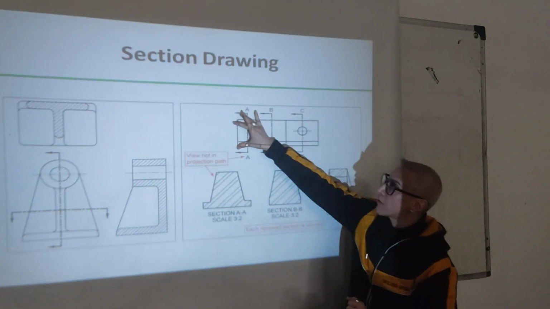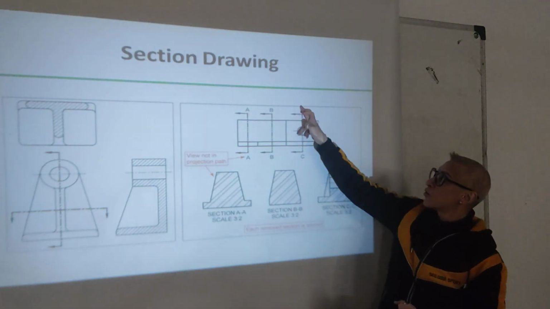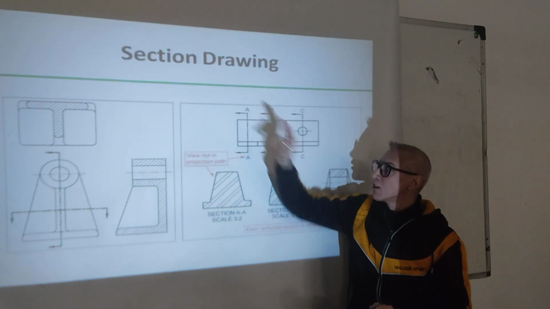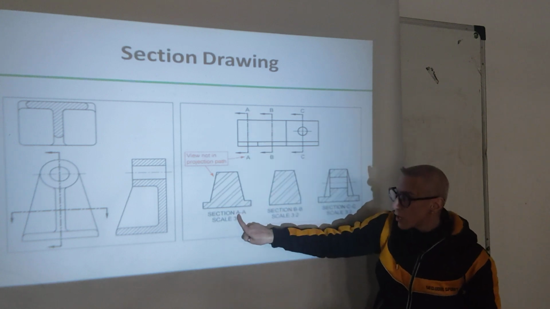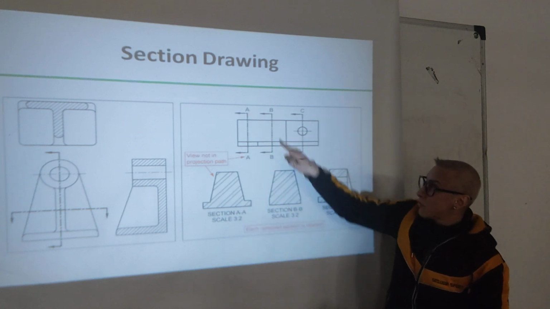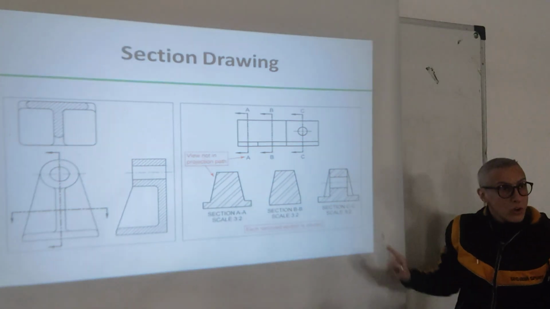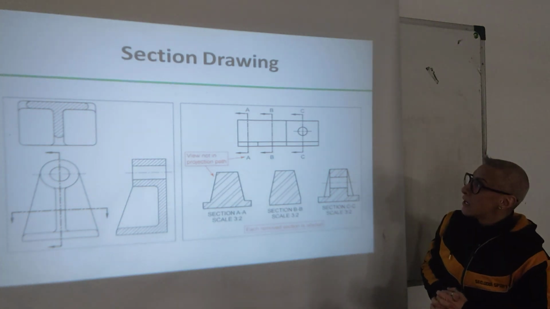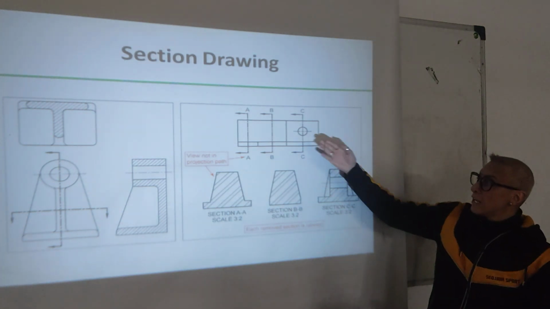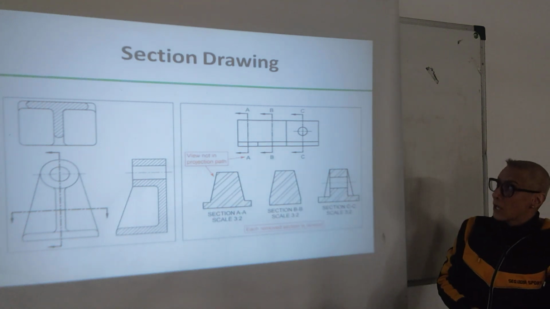Like we have this object, we have 3 full section views, cutting through here, cutting through here, cutting through here. Each one is marked clearly. This is section AA, this is B, and this is C, okay? So sometimes they are represented like this, which is also correct. Depends on the need. Sometimes you need to have, as I said, more than one section in the drawing.